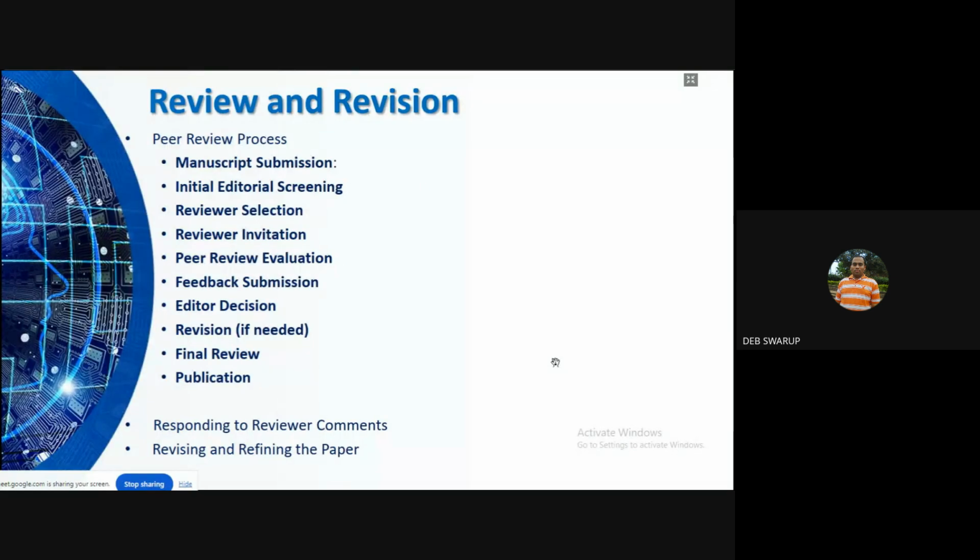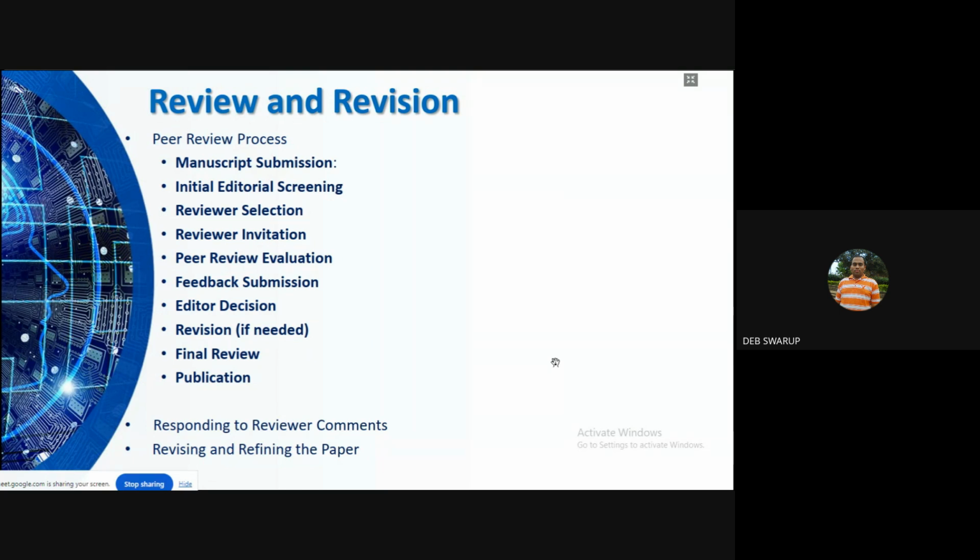After it comes to the editor for screening, the editor decides whether the paper is fit for the journal or if there are some problems with it. If the editor finds a problem, it is rejected there; only otherwise does it go to the next round. Then the editor selects reviewers.